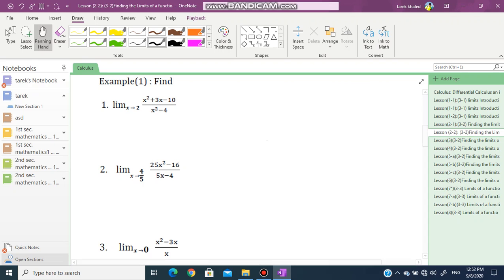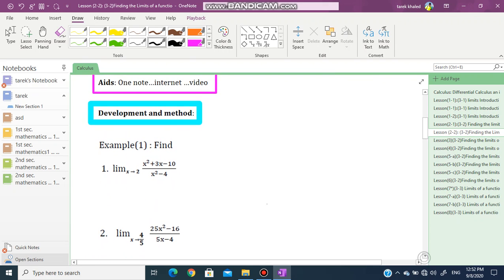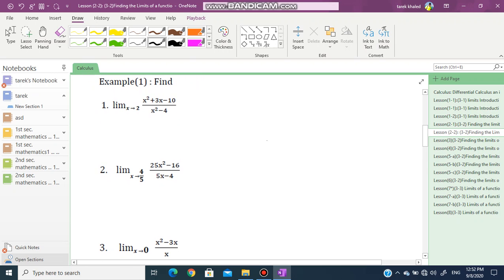problems. For example, limit x tends to 2 of (x^2 + 3x - 10) over (x^2 - 4). We will substitute first, x equals 2, so f(2) equals 2^2 + 3 times 2 - 10 over 2^2 - 4.